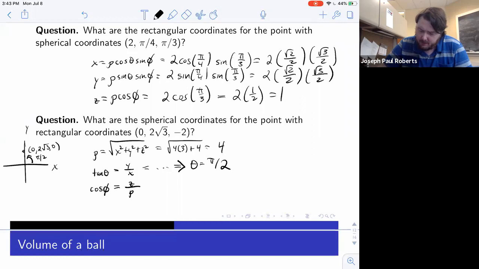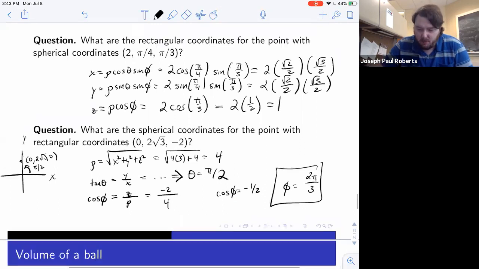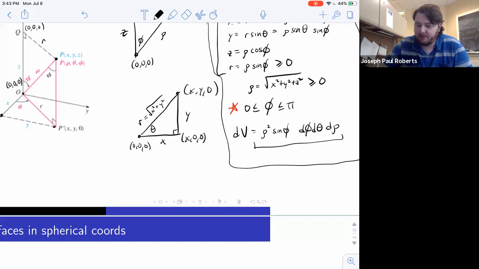Okay, and then cosine of phi is z over rho. So z is negative 2, rho is 4. So it looks like cosine phi is minus 1/2, which means that phi is inverse cosine of minus 1/2, which is 2 pi over 3. So again, there are going to be lots of other solutions, but no matter what, we keep phi between 0 and pi.